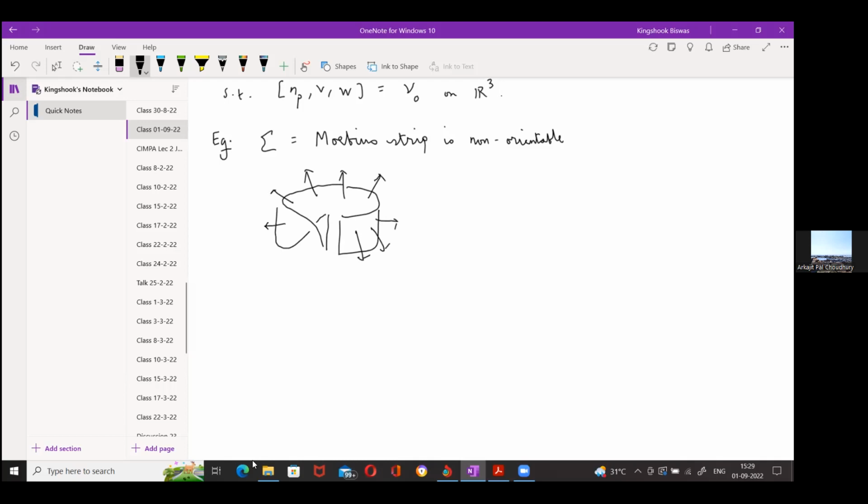And because I'm twisting it, in the end the normal vector will point in the opposite direction. So the normal vector will have a discontinuity. You can't get a continuous normal vector field.